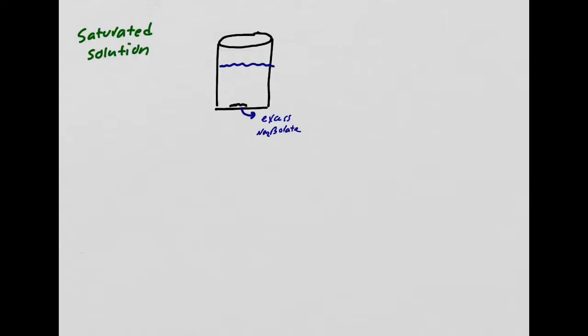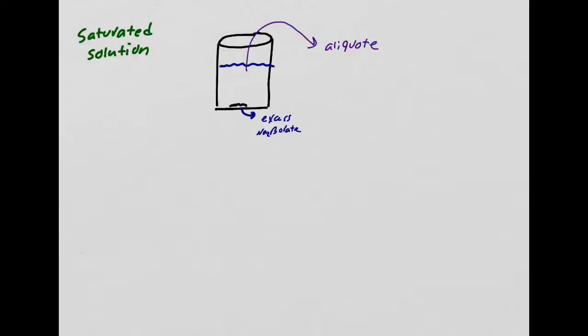Here's what I need you to understand: in order to analyze the solution, we don't need to take the whole thing. You don't need this entire solution. What you can do is take a sample of this and analyze it. What we call that is an aliquot. That's a kind of fancy word for today.